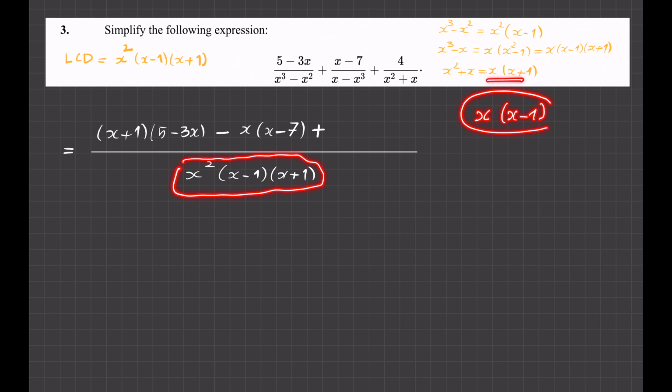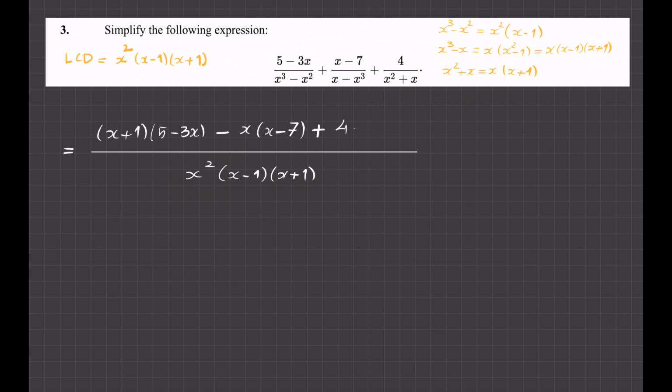So I have to take these extra factors and multiply them by the numerator of the third fraction. So this becomes 4 times x minus 1. Okay, and then you know the rule, so you just copy and paste the denominator and you expand the numerator.